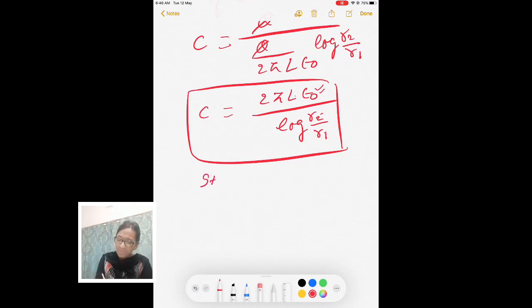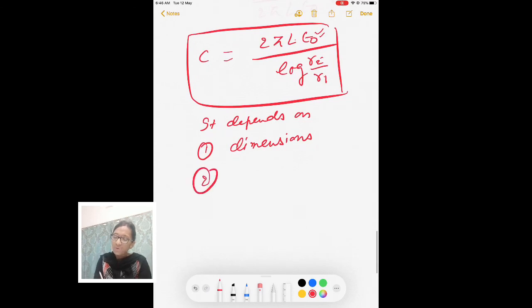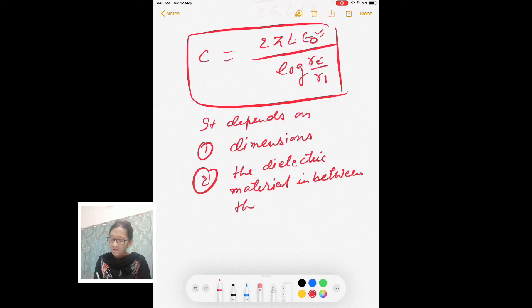So it depends on number 1 dimensions, number 2 the dielectric material in between the plates. Okay, now I conclude.